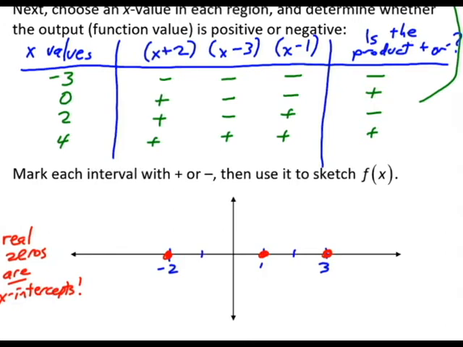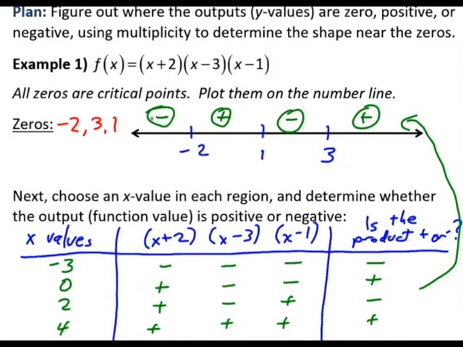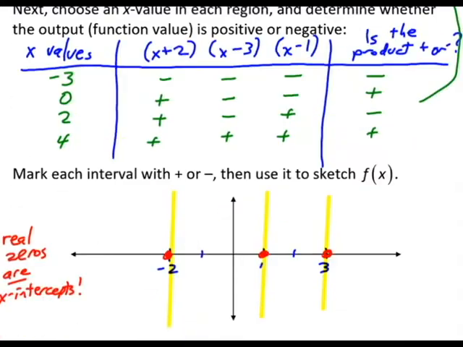Our zeros are going to partition the graph into positive and negative zones. So I'm going to mark these zone boundaries and then look back at the number line. Our zones were negative y values, positive y values, negative y values, and positive y values. I'm going to transfer these markings to the graph.